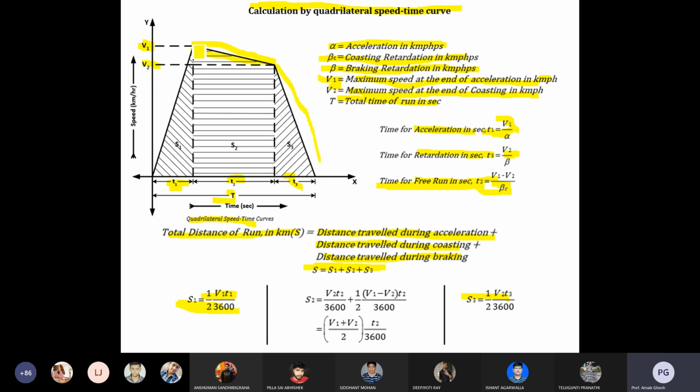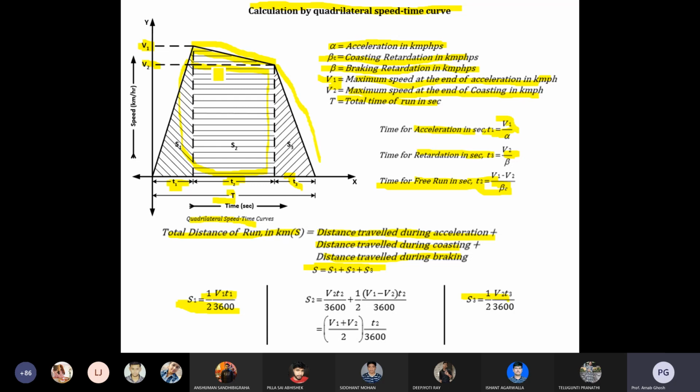So S2 is actually the total area that you need to calculate. Up to this portion it is a rectangle, with width T2 and height V2. So directly you can write T2 into V2 for the rectangle, divided by 3600.